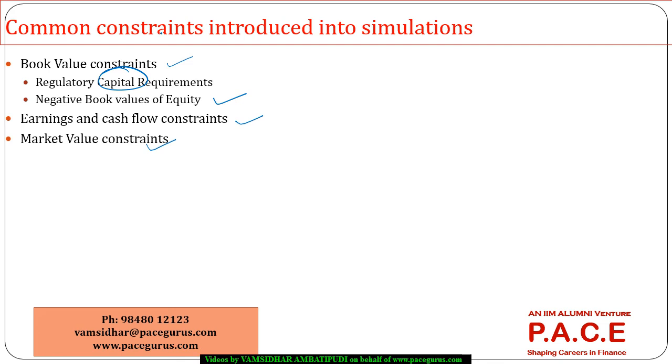All these constraints need to be incorporated into the simulation model. You can't make them vary as we like, right? Some of them need to be fixed. Some of them need to lie within a particular range. Those kinds of constraints we cannot make alter as part of our simulation approach.